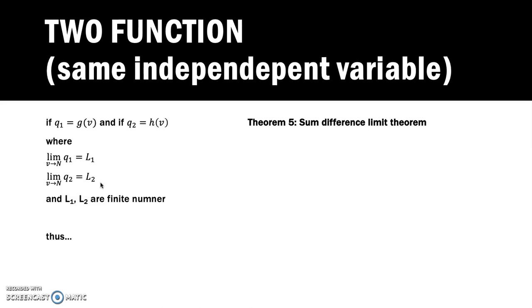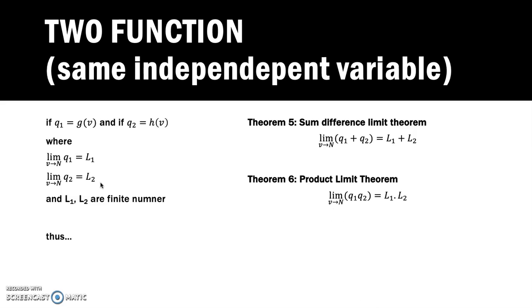Thus, the first theorem is the sum difference limit theorem. The limit of q1 plus q2 where v approaches n is just L1 plus L2. The product limit theorem says the limit of q1 times q2 where v approaches n is just L1 times L2.